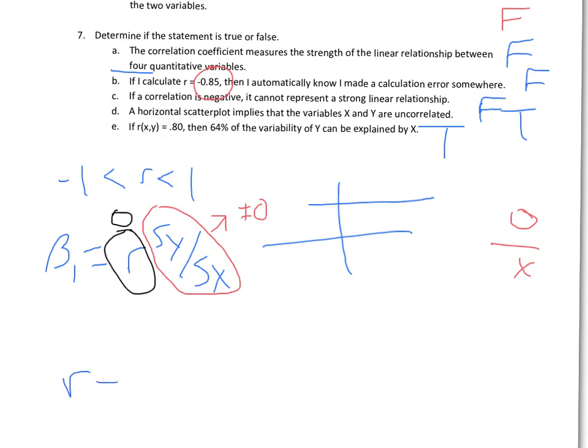So if r is 0.8, then r squared is 0.8 squared, which is 0.64, which is 64%. So if the correlation between x and y is 0.8, and I create a regression to try to predict y from x, 64% of my variability will be explained by my model, and 36% will be left unexplained. So this is in fact a true statement. All right, that's 6 and 7. Let's keep moving. Let's see what number 8 gives us.